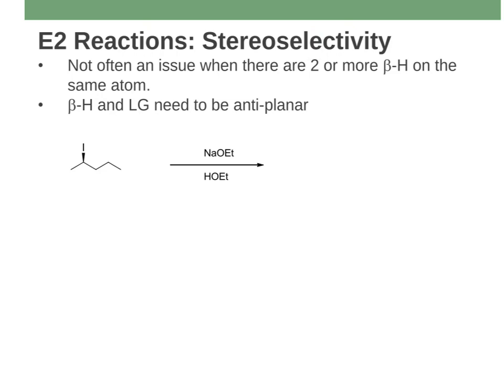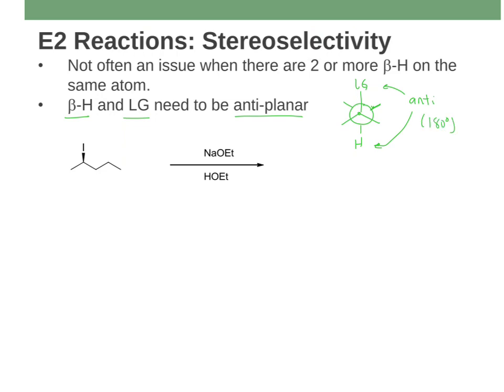But the thing is that our beta hydrogen and our leaving group need to be anti-planar or anti-coplanar. And what that means is if you looked at a Newman projection of these things and you had a leaving group and you looked at the carbon behind it and it has a hydrogen, they need to be anti, right? They need to be anti to one another. They need to be 180 degrees away from one another.